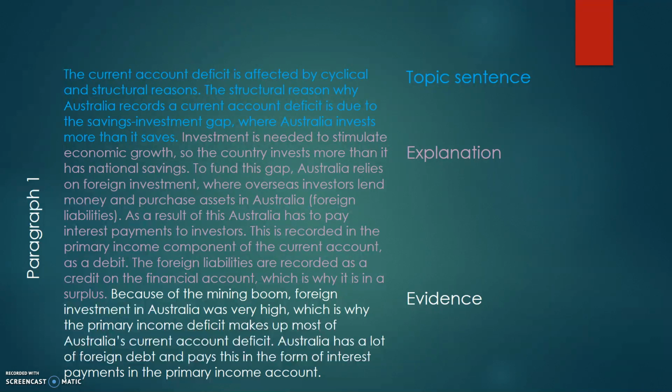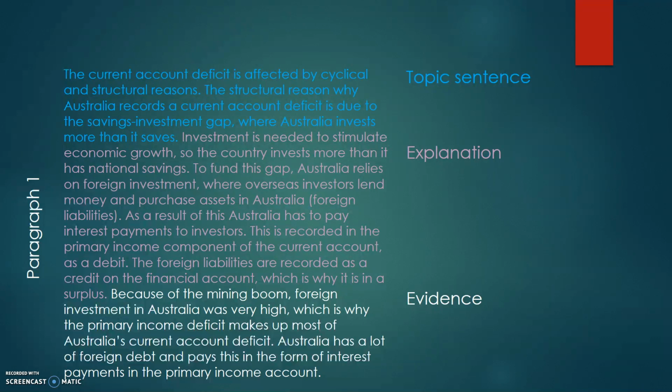So the paragraph starts with a topic sentence and is followed by an explanation of the topic sentence. So the topic sentence was about the structural reason why Australia records a current account deficit, and the explanation goes into the concepts of the saving investment gap, as well as the implications of a large amount of foreign investment in Australia, which is the net income deficit.